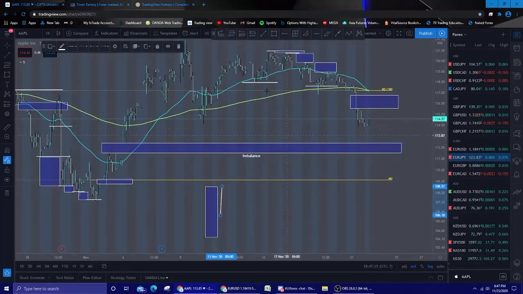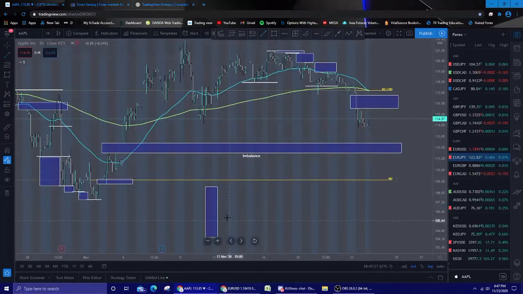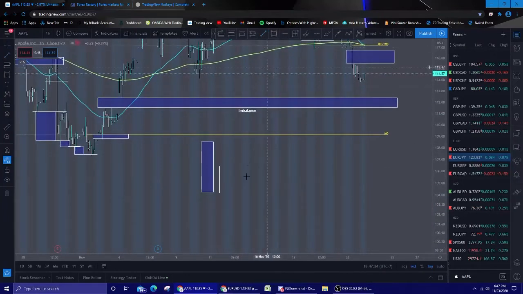Or if it's a bearish candle, you'll see price recover to the downside 50% like this, and then obviously we'd want the position to continue bearish or get another bearish candle to where price would be reacting back down to the downside.